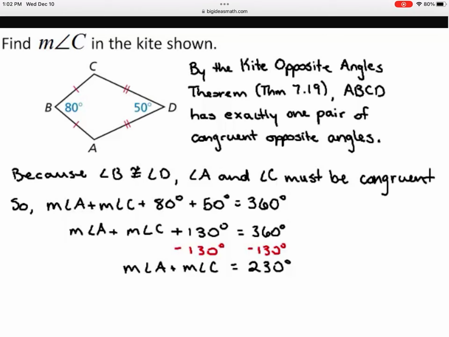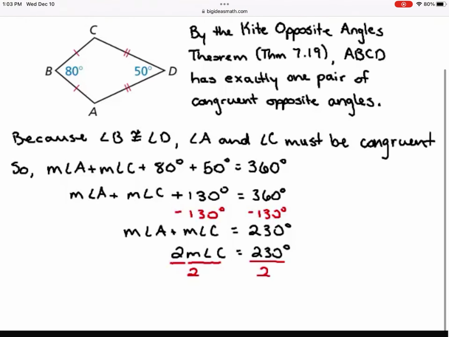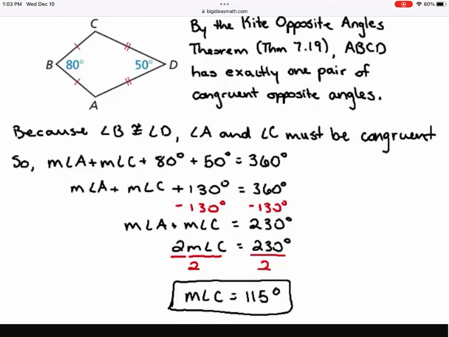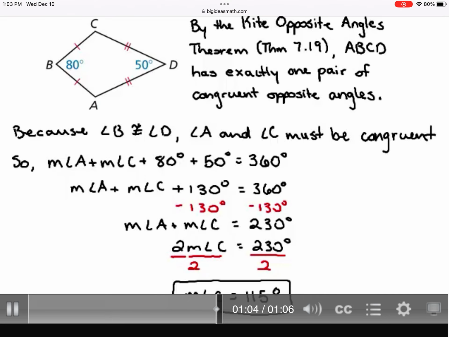Because angle A and angle C are congruent, you can substitute the measure of angle C for the measure of angle A in the equation, which gives 2 times the measure of angle C equals 230 degrees. Dividing by 2 on each side gives that the measure of angle C equals 115 degrees.